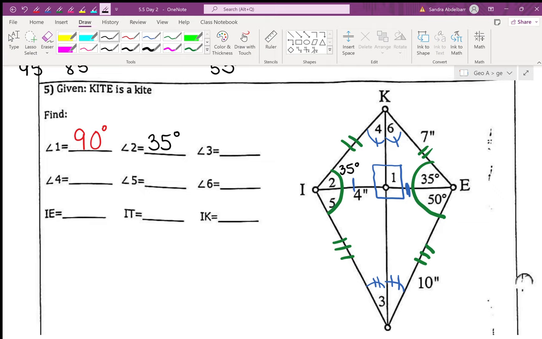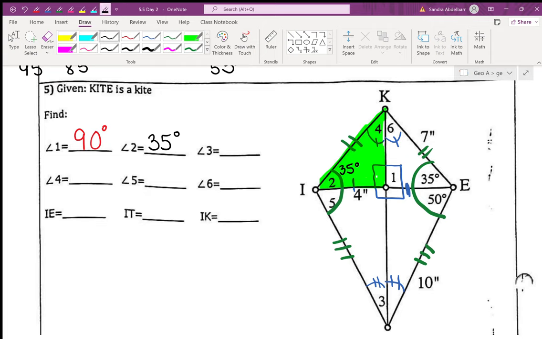All right, so now I want to jump to angle 4. In order to find angle 4, I'm going to use this triangle that I'm highlighting in green. So I have a 90 and a 35 in a triangle. If I have 2 out of the 3 angles, can I find the last angle? Absolutely, because we're adding up to 180.